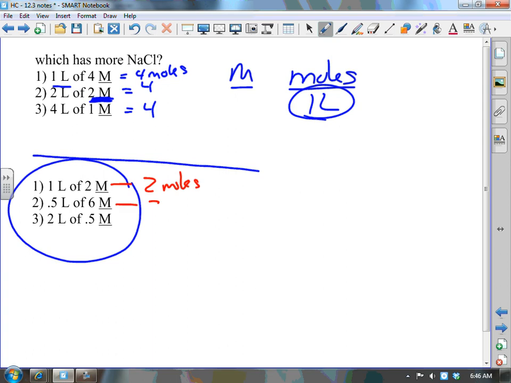I pour out only half a liter, there's 3 moles. Then I pour 2 liters of half a molar solution. Well, 2 liters of half a molar means 1 mole. So now that second solution is the more concentrated. All right? So those are the things that we want to be able to understand in our head a little bit as we work through that.